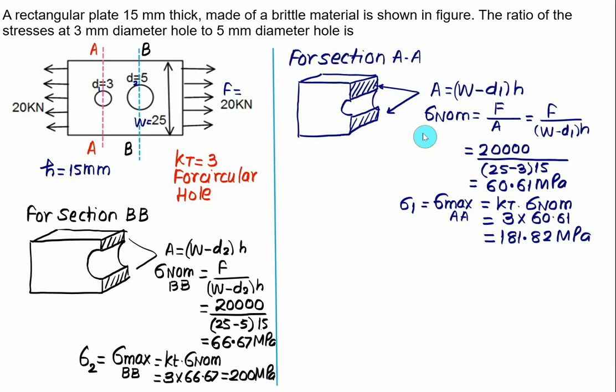What we require is the ratio of the stress at 3 mm, that is sigma 1, to 5 mm diameter. So sigma 1 divided by sigma 2 will be equal to 181.82 divided by 200, which is close to 0.91.